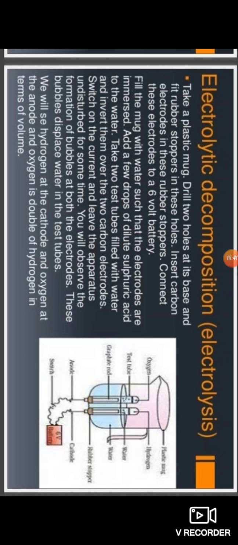You will observe hydrogen at the cathode and oxygen at the anode, and the volume of hydrogen is double that of oxygen. Dear students, this diagram is very important in your examination. The question may arise: draw a neat labelled diagram of electrolysis of water. All of you practice this.